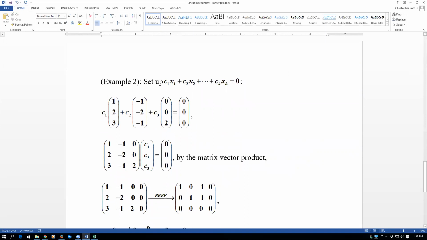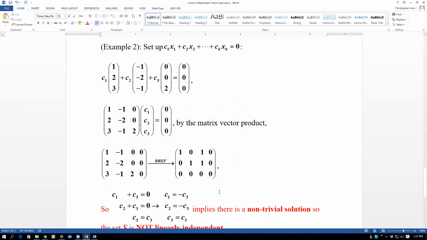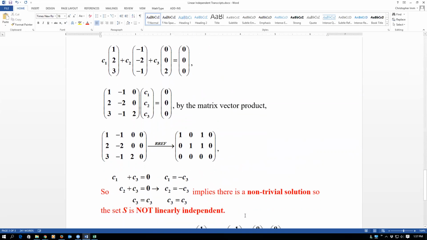It turns out since we have a row of zeros that there's a free variable here, so C3 is free, and I can express C1 and C2 in terms of that C3. So if I turn this back into a system, it looks like this. C3 is free, and then I translate it over. So C1 is equal to negative C3, C2 is equal to negative C3, and C3 is equal to itself. So this implies there's a non-trivial solution, so the set is not linearly independent.